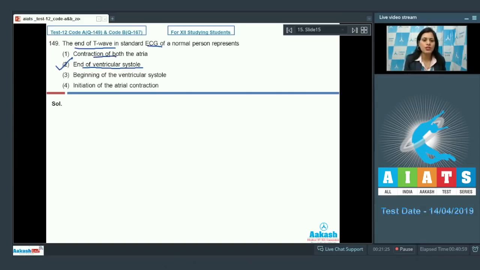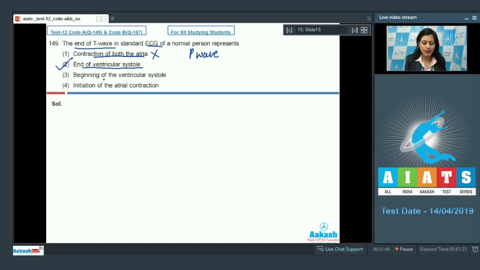The very first option, contraction of both the atria, cannot be a correct answer because P wave, which is a small upward wave, represents electrical excitation or depolarization of the atria, which leads to the contraction of both the atria.